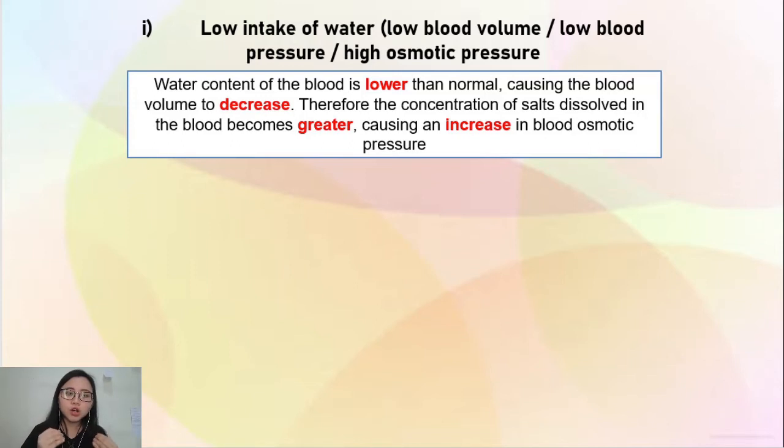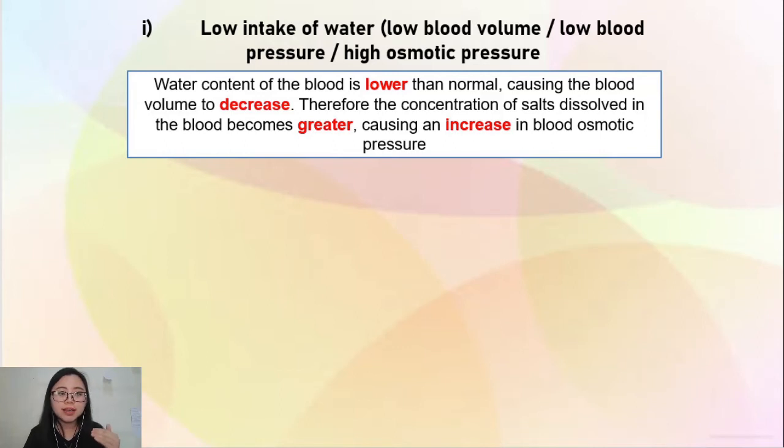So when the water content of the blood is lower than normal, this is causing the blood volume to decrease. Therefore, the concentration of salts dissolved in the blood becomes greater, causing an increase in blood osmotic pressure. In case you're having trouble with this sentence, I'll try to explain it one by one, ya.